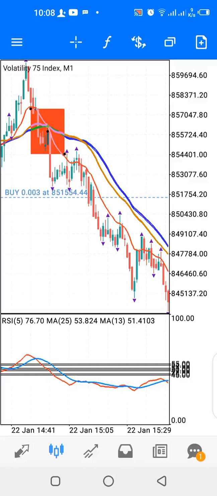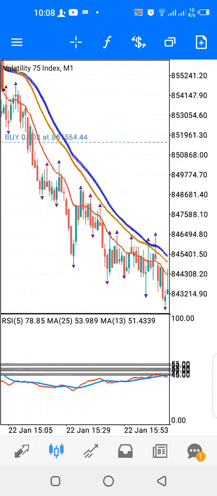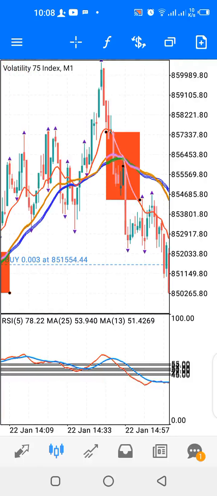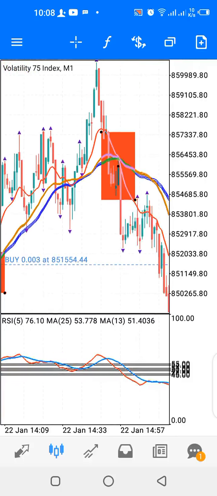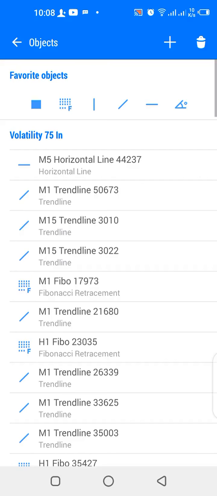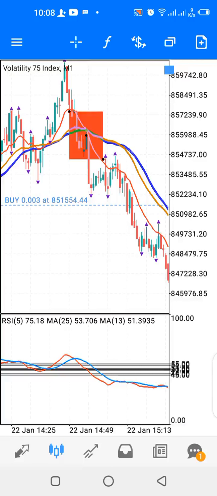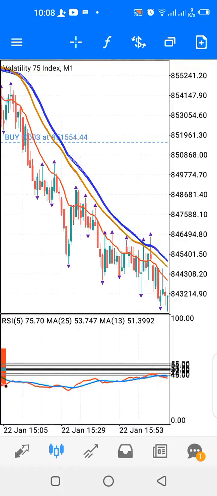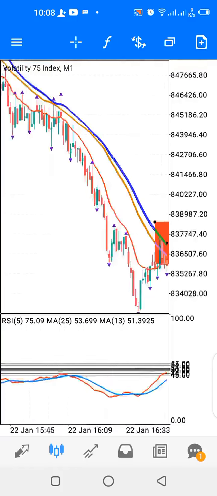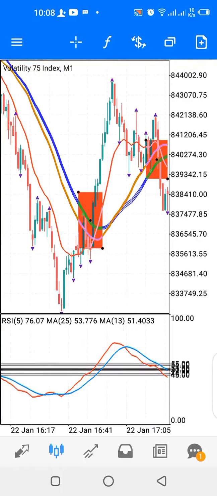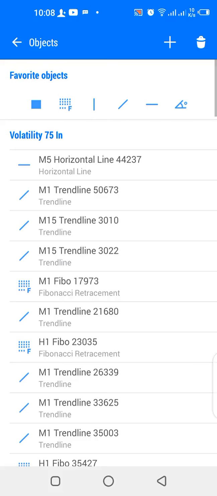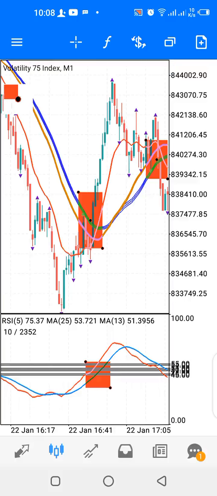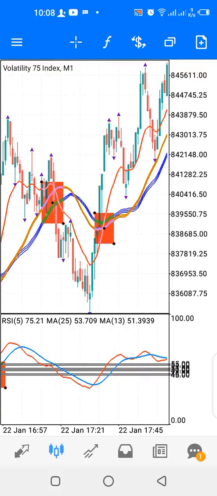So let's go to the chart. When the blue and the red moving averages cross down on the RSI levels, all RSI levels, you have your downtrend, and when they cross up above all levels, you have your uptrend.